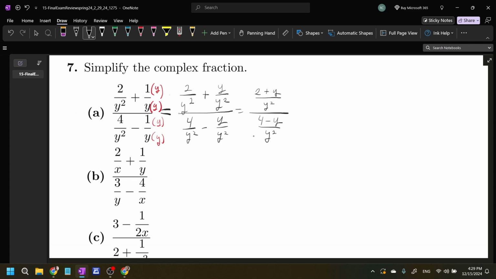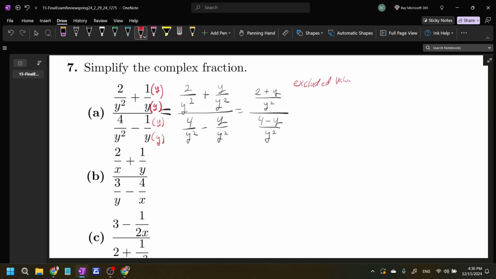So we can see right away we need to isolate our excluded values, some values that our variable y absolutely cannot be. So any value that makes this denominator equal 0 is an excluded value. So I'm not sure if the final is going to ask for this, but let's just be safe.